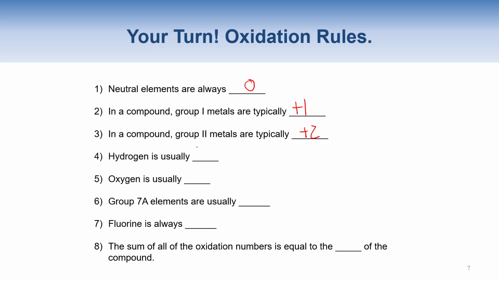Hydrogen is usually +1. Oxygen is usually -2. Group 7A usually -1. Fluorine is always -1. And the sum of all the oxidation numbers is equal to the charge of the compound. So if it's an uncharged compound, it's equal to 0. If it has a charge, it's equal to that charge.